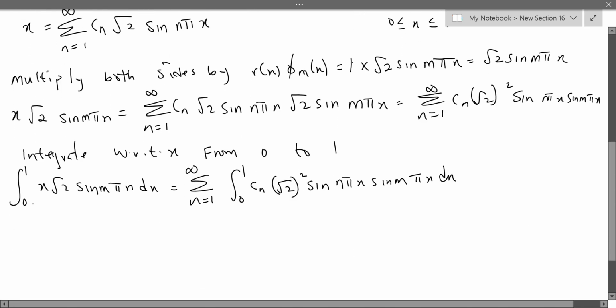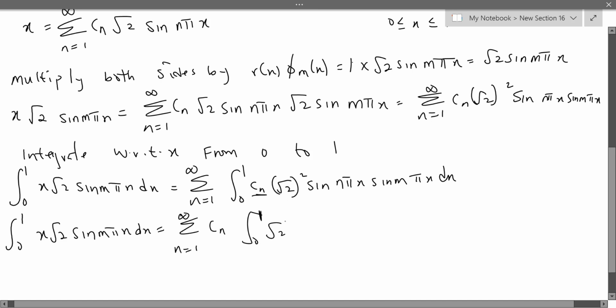Just like what we did there, cn is a constant, so you can bring it out. Don't bring out the root 2, just leave it inside. Then just focus on the integral of sine n pi x sine m pi x dx.